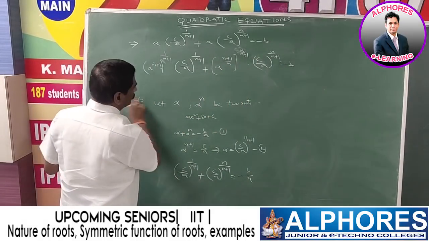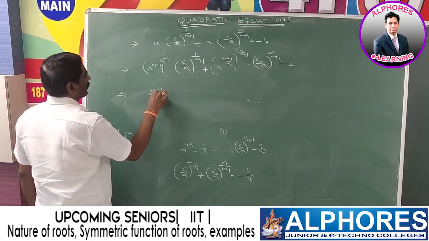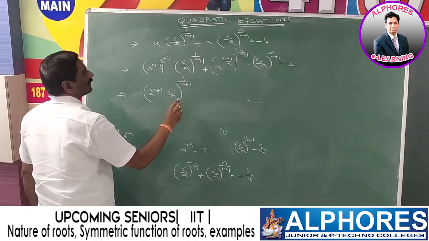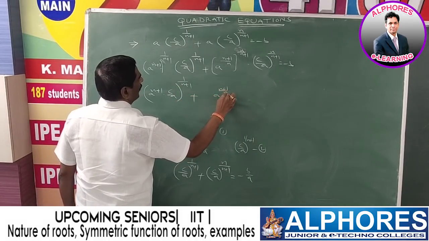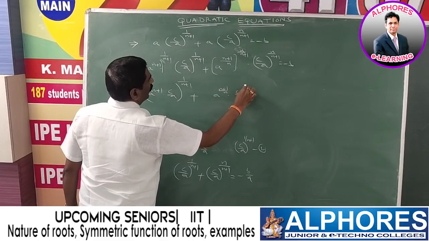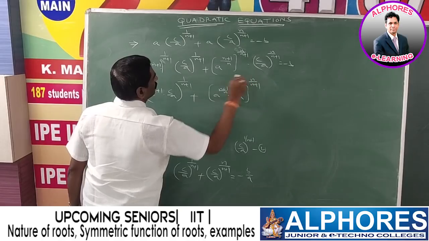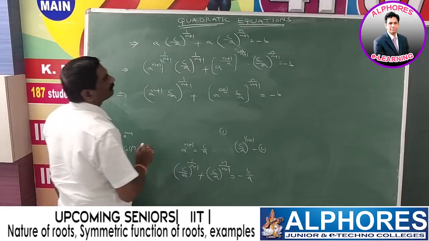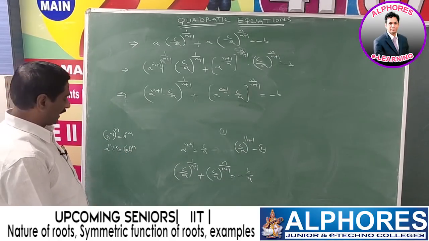That implies a power n plus 1 into c by a whole power 1 by n plus 1 plus a power n plus 1 by n into c by a whole power n by n plus 1 is equal to minus b.